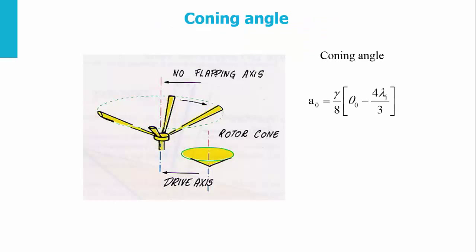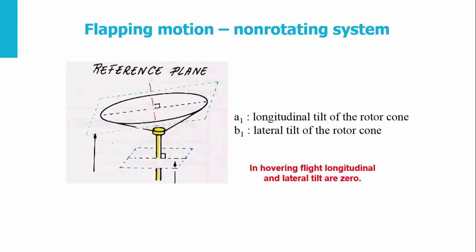It follows that for a hovering helicopter, seen in the non-rotating system, we see the so-called coning angle, which depends on the blade Lock number, on the collective pitch, and on the inflow of the helicopter. And then there will be a disk tilt of the cone, longitudinal A1, lateral B1. However, in hovering flight, this longitudinal and lateral tilt are demonstrated to be 0.